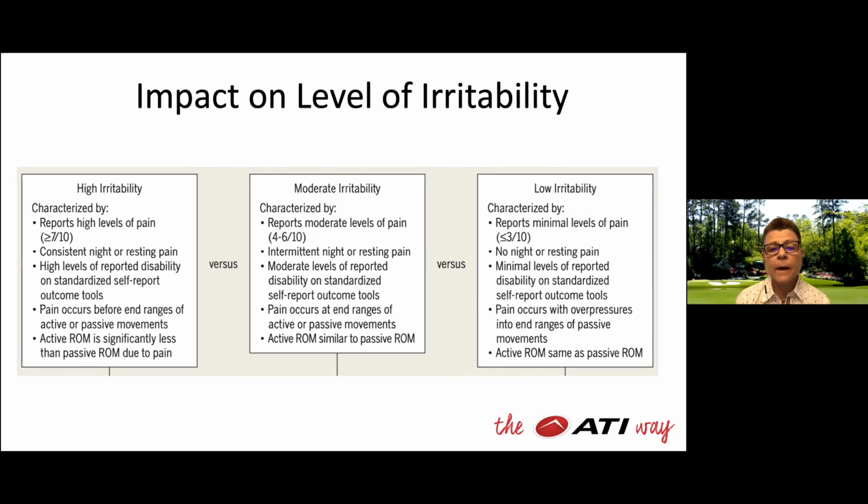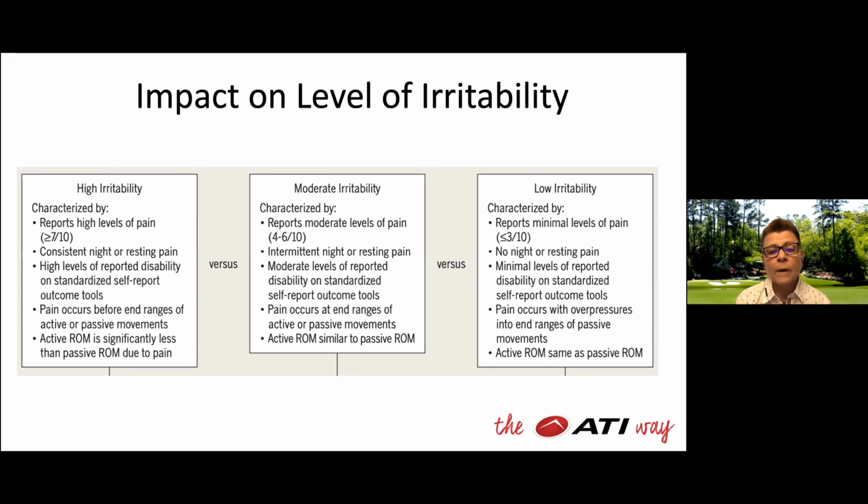It characterizes what level of irritability the patient appears in our clinic with, and talks about their level of pain, what is associated with that level of pain. And we can, of course, see that their impairments are greater with the highest level of irritability.